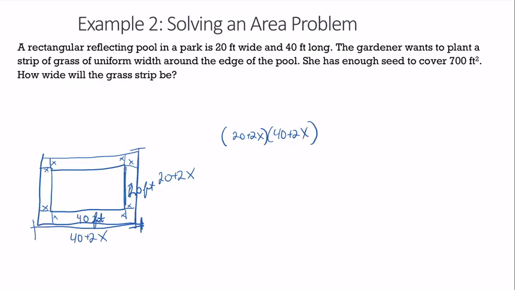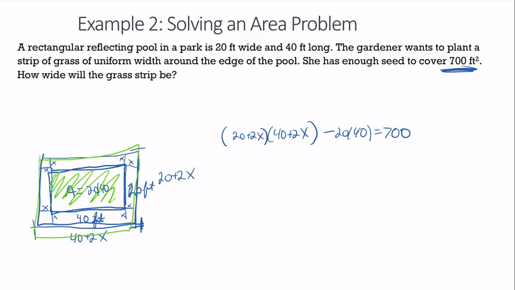And I know that the inside area is 20 times 40. So if I take the area of my whole rectangle and subtract the inside, I'm left with just that band. And that band has to be 700 feet squared.